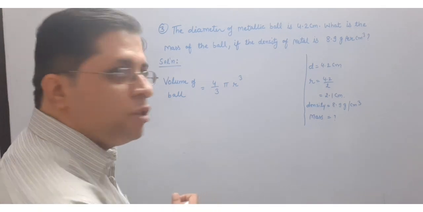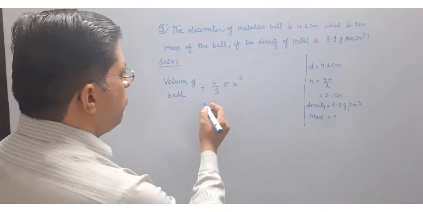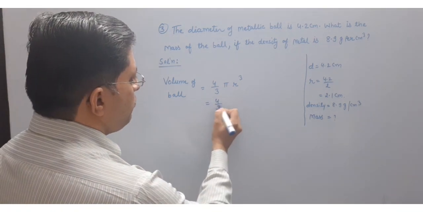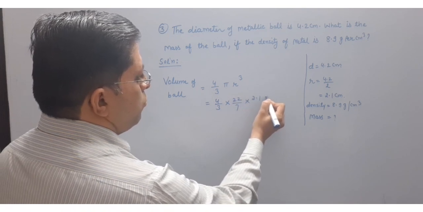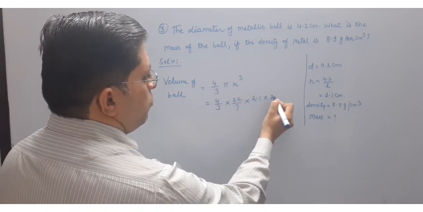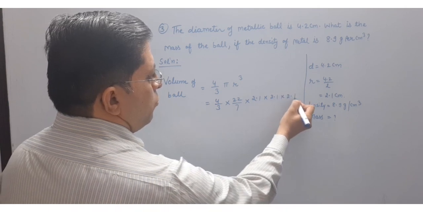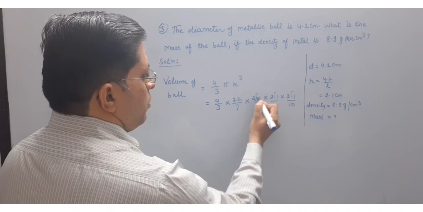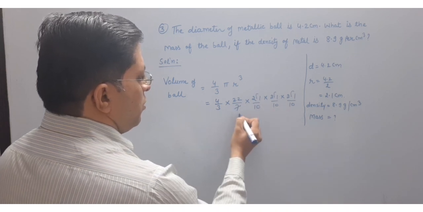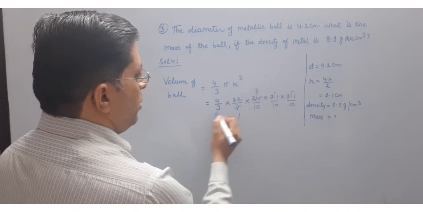Come on, going to put the values. How to do? 4 upon 3 pi r cube, 2.1 into 2.1 into 2.1. This is 10, this is 10, and this is 10. 7 1 is 7, 7 3 is 21.